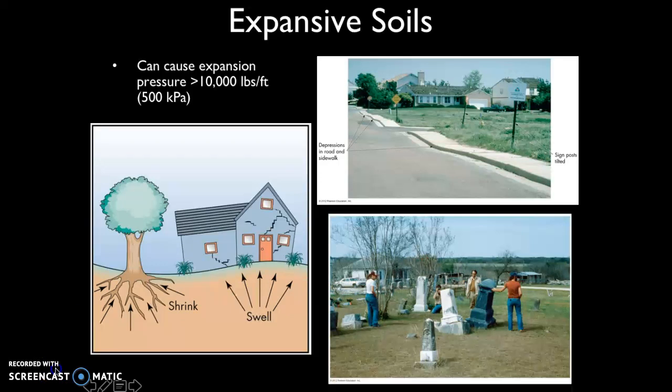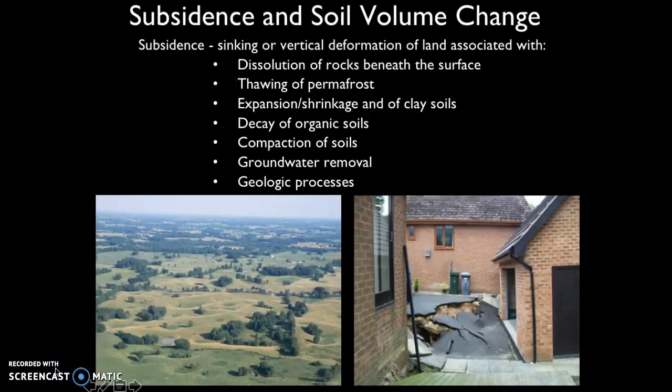Right, so I want to summarize those different processes that we saw again that cause subsidence and soil volume change. So those were going to be, again, dissolution of the rocks beneath the surface, which causes that karst topography, the thawing of permafrost, which causes the thermal karst, the expansion and shrinkage of the clay soils, that was the last bit that we saw, the decay of organic soils that is overall going to cause collapse, the compaction of the soils, so if they're very dry, again, those shift around the soils themselves, the particles, and cause collapse as well.